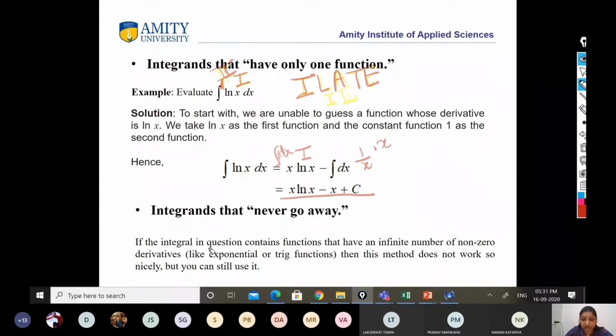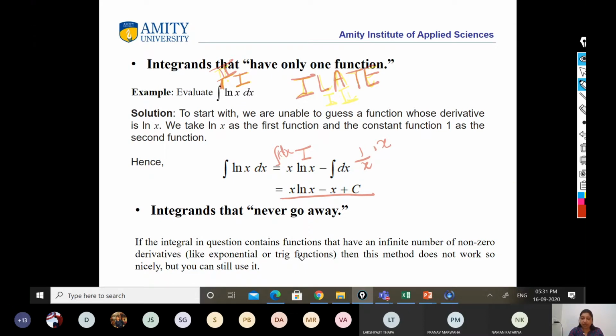Now, if the integral in question contains functions that have an infinite number of non-zero derivatives, like exponential or trigonometric functions, then this method does not work so nicely, but you can still use it. That means if the function we take as the first function has derivatives that never become zero, it sometimes becomes difficult to consider it as the first function.